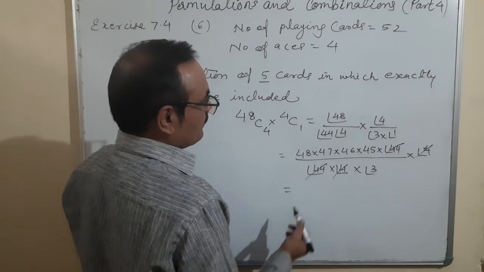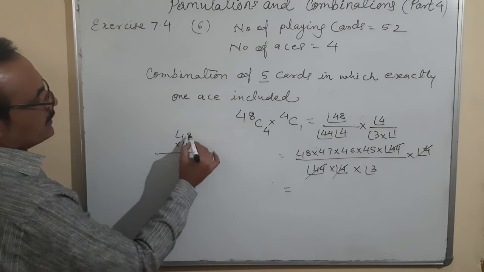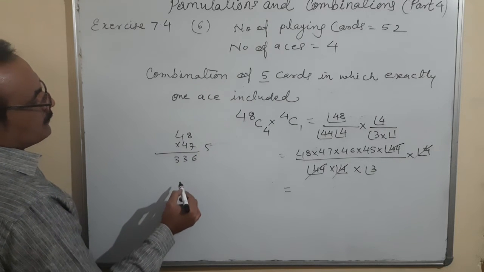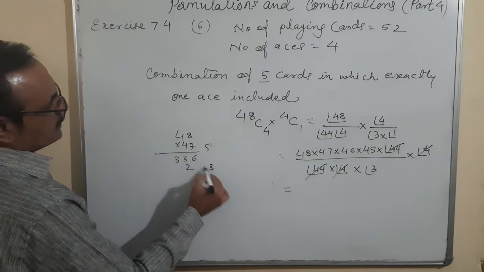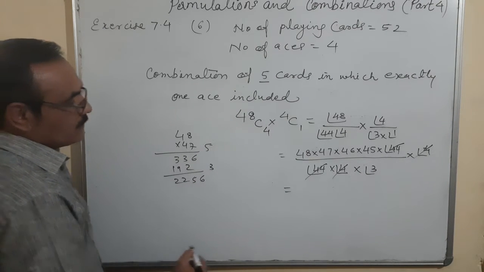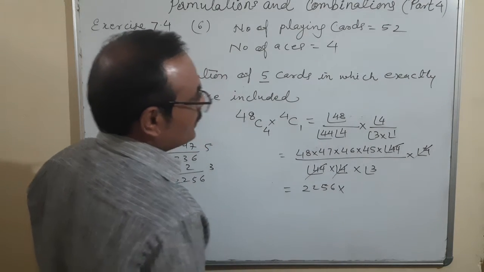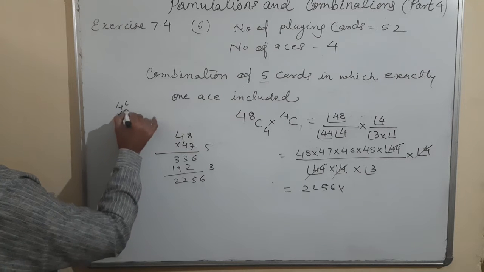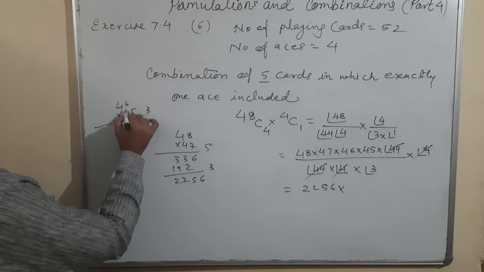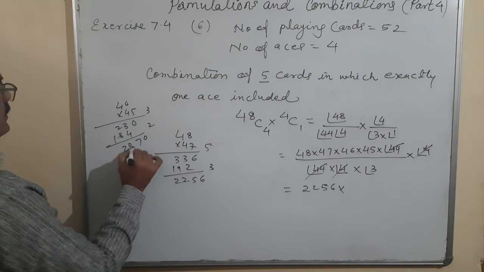Also let us multiply them. 48 into 47, 2256. Multiplied by 45 into 46. Let us calculate the product.